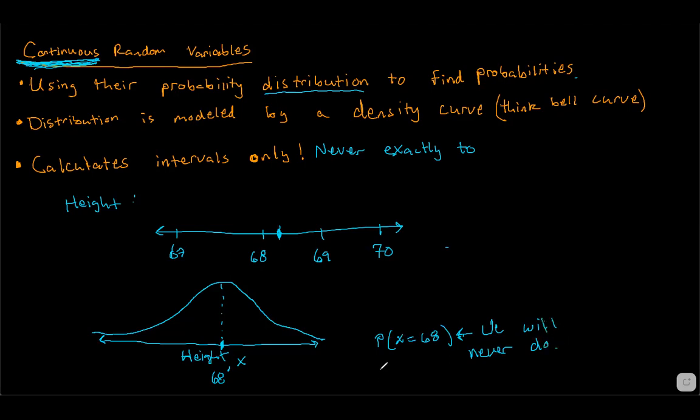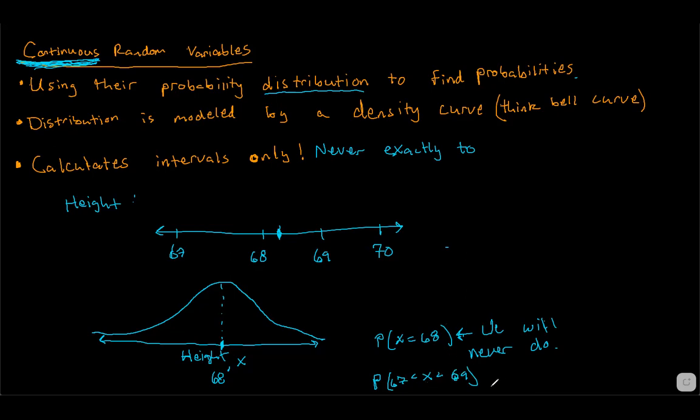But what we could do is calculate an interval of events. Like you could do something like this: the probability that his height is greater than 67 inches but less than 69 inches. These are the types of questions that we're going to answer with continuous random variables.